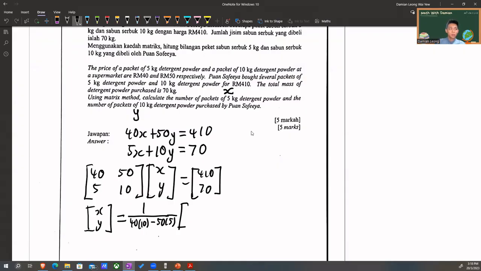Switch A and D. Negative B and C. Negative 50, negative 5. Okay. Then times 410, 70.